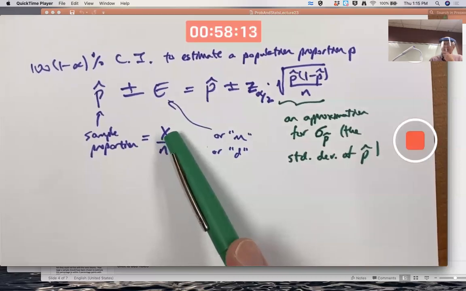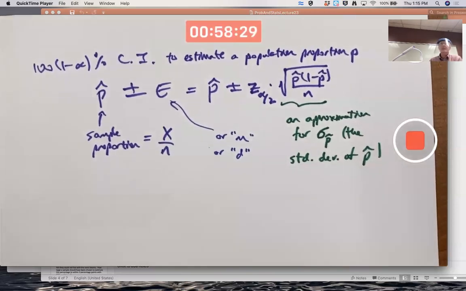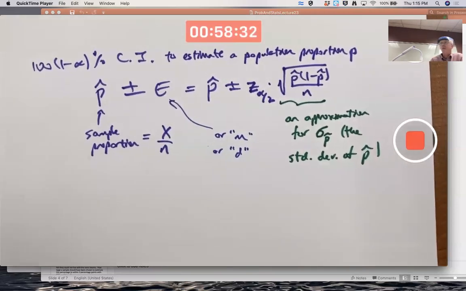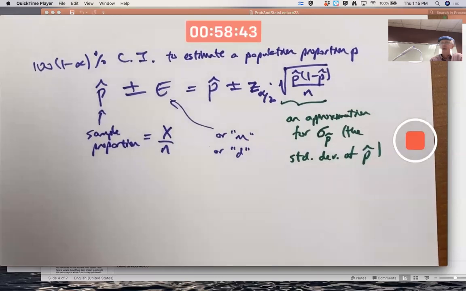This X can actually be thought of as a sum, and X over n can be thought of as a mean. But to think of it that way, you have to be careful. Say you're flipping a coin. Each time you flip the coin one time, it's either heads or tails. If heads is success, then the value of X for that one flip is 1, and if it's tails, the value is 0.